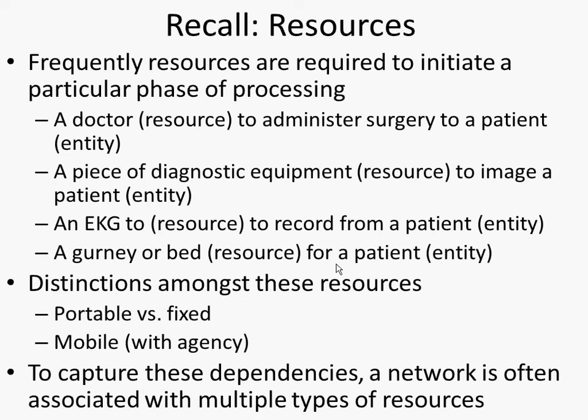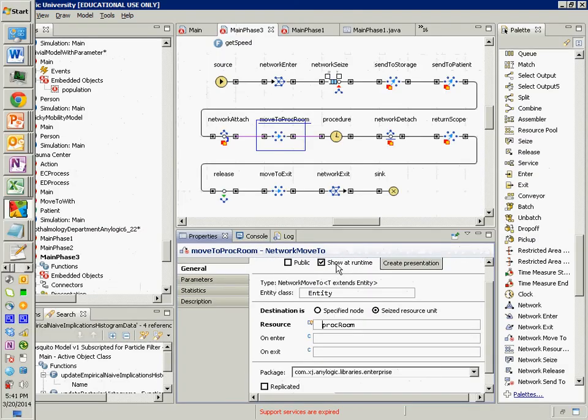Now, I will muddy the water a little bit and say in AnyLogic 7, which was just released, it has some substantive advances, and one of them is that resources are given more of a leg up in life.